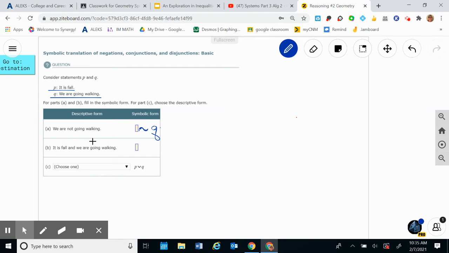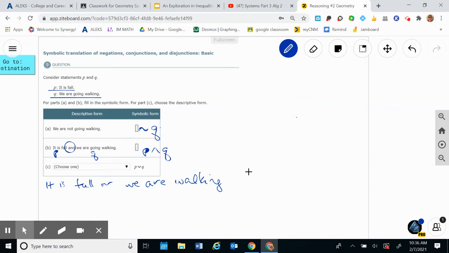And walking was the Q. It is fall and we are going walking. I wonder if they're all like this, where they're all just the same thing. P and Q. This is the P and this is the Q. It says P or Q. So it is fall or we are walking.